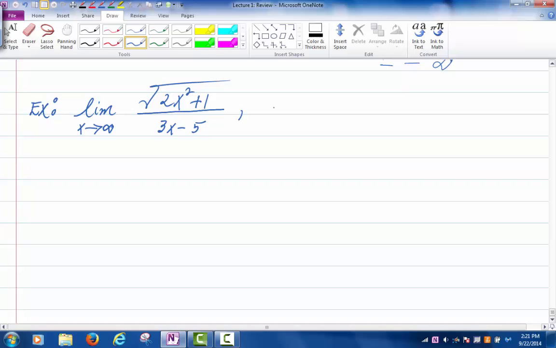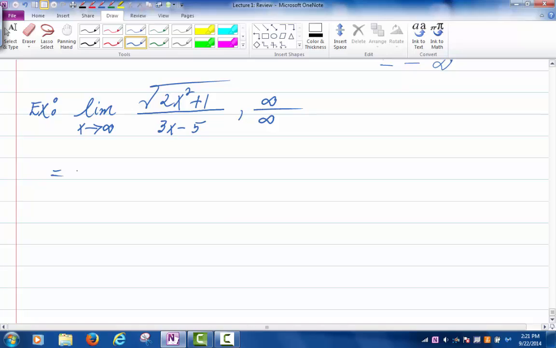What's the limit of the numerator as x goes to infinity? As x goes to infinity, 2x squared plus 1 goes to infinity, so even if you take the root, it still goes to infinity, right? And then the denominator goes to infinity as well. And what's the limit?